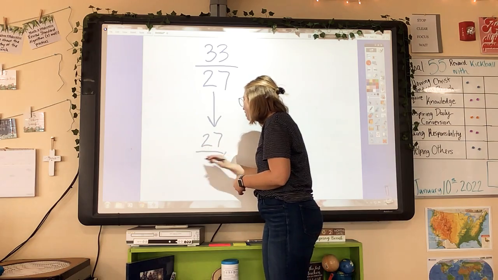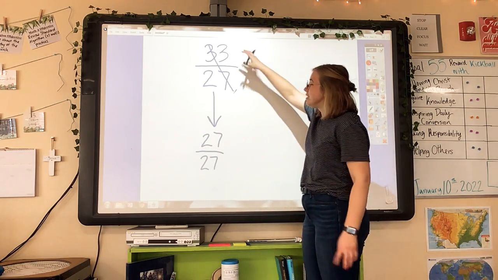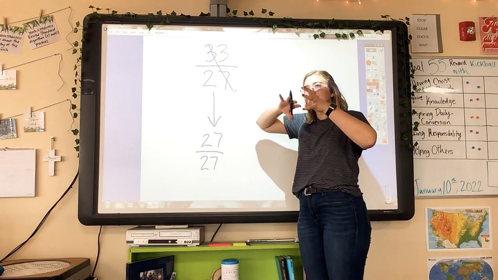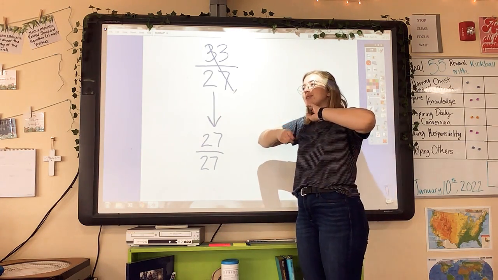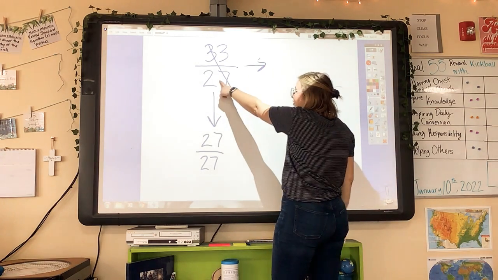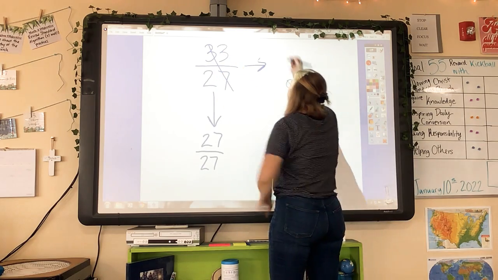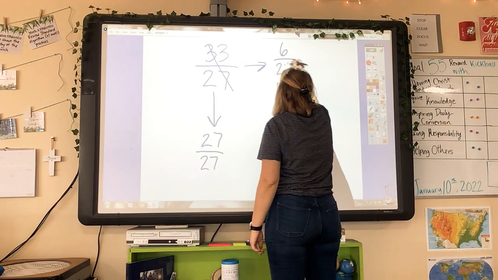So 27 27ths. So I've used 27 of those 27ths, which leaves me with 6 27ths after that. So I essentially took 27 27ths away from 33 27ths, which left me with 6 27ths, okay?